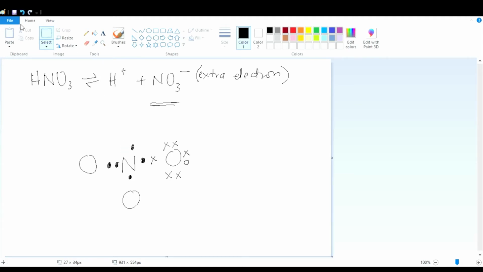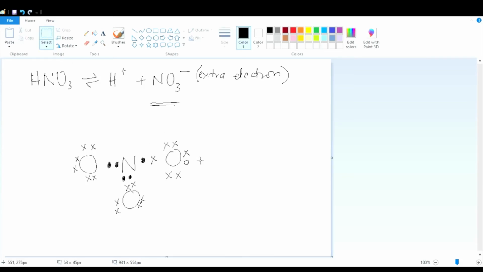Okay, now this is the valence electrons for oxygen, 1, 2, 3, 4, 5, 6. And then we are going to also form a double bond over here. 1, 2, 3, 4, 5, 6. Oh, I forgot to remove this electron. Okay.